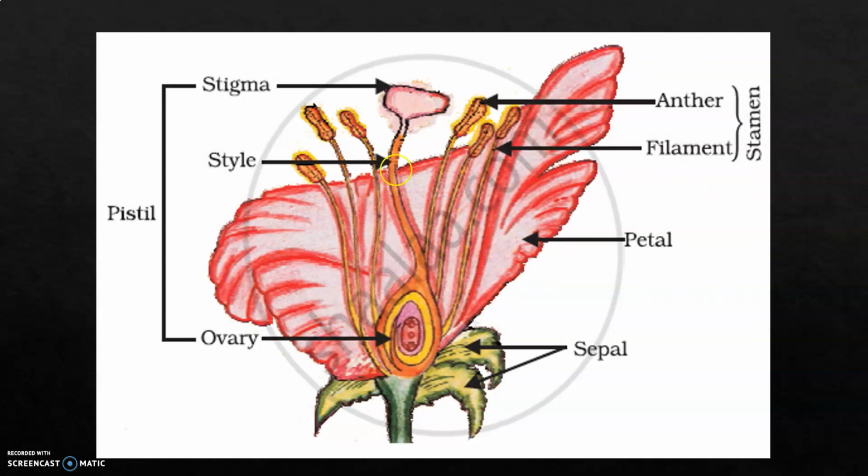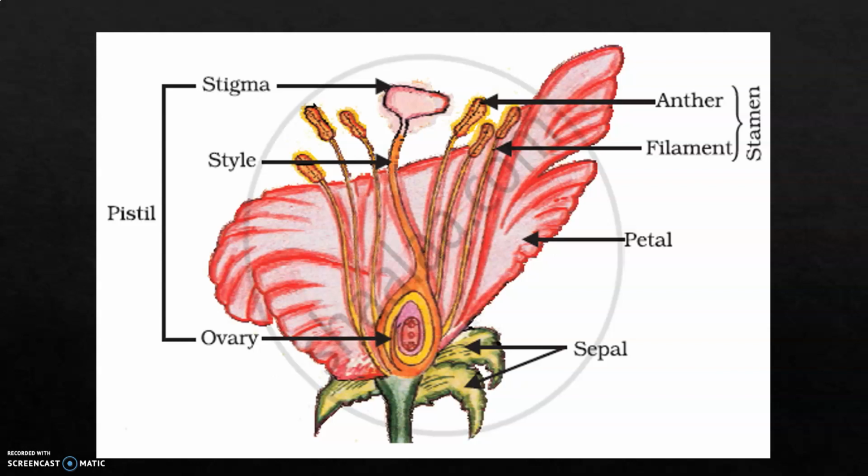A flower is the reproductive structure of an angiosperm. It may contain either the male reproductive structure or the female reproductive structure or both. If it contains only the male reproductive structure called stamen, the flowers are called staminate.